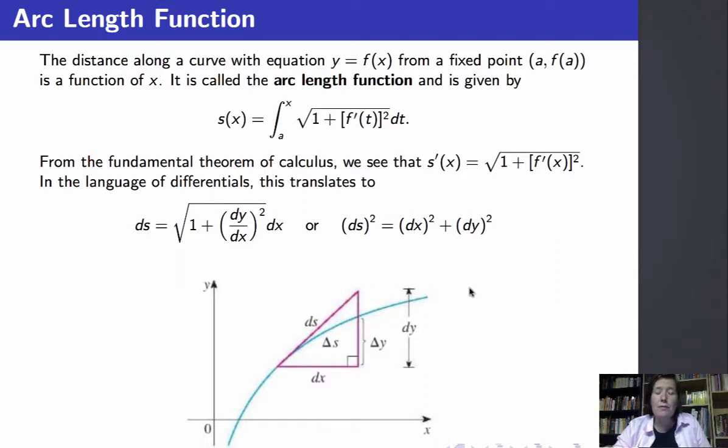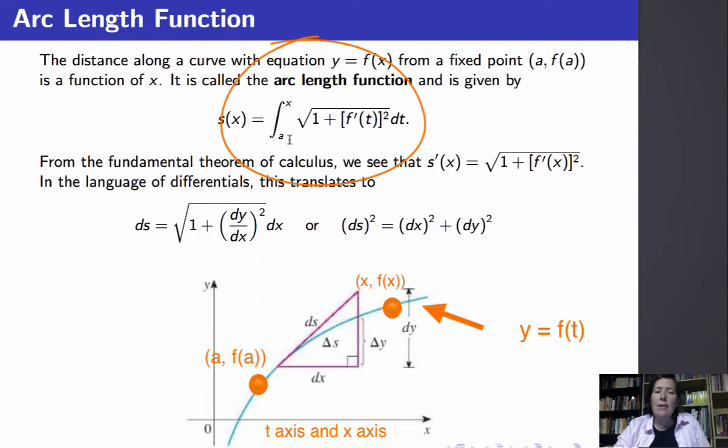So for the purposes of calculating the arc length, we're going to call this curve y equals f of t, and we're going to calculate the arc length between a and x, where the t values run from a to x.